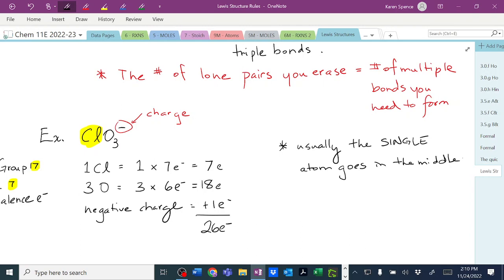So fluorine, with its structure that looks like this, can only form one bond, but chlorine, because it's got a little more flexibility because of that empty D subshell, it can form more than one bond. Okay? Chlorine will only form more than one bond, though, if it is in the middle. Okay?